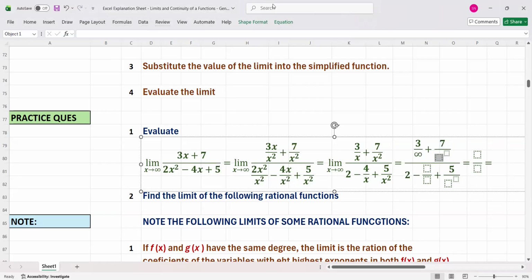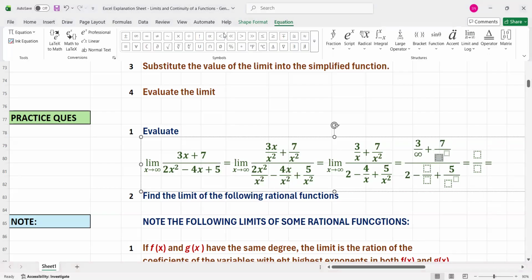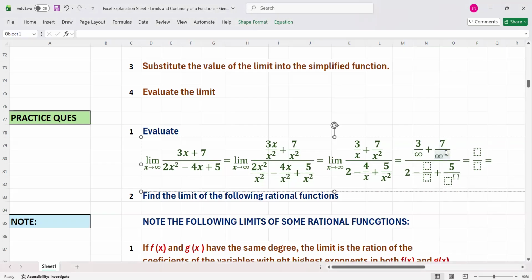And whatever that is, let me take my time and do this. The other ones, we are going to just substitute 0 for all those functions. And then here, I'm going to have 4 divided by infinity. And then this will be infinity squared.